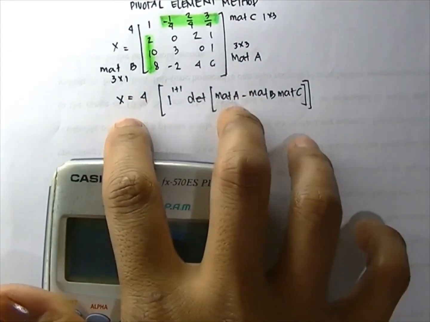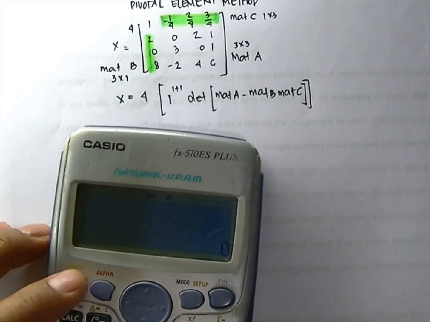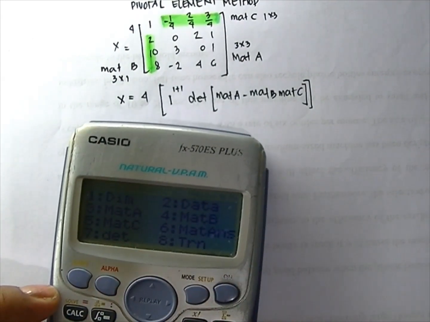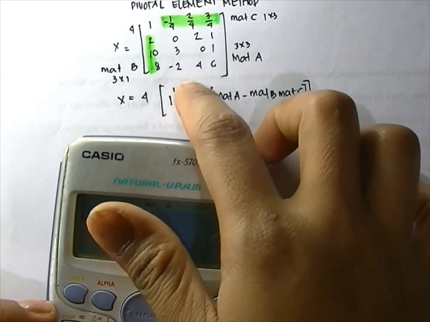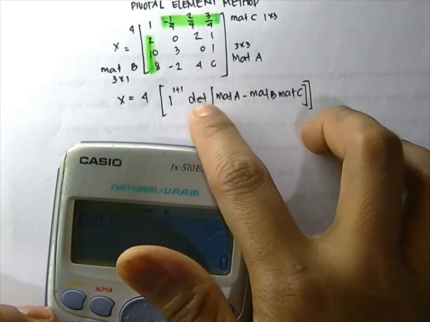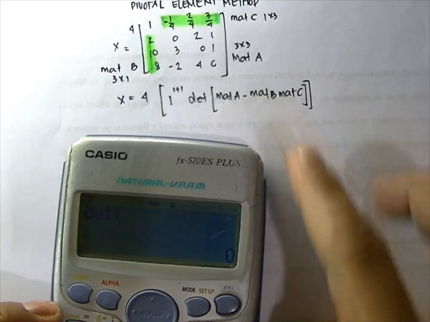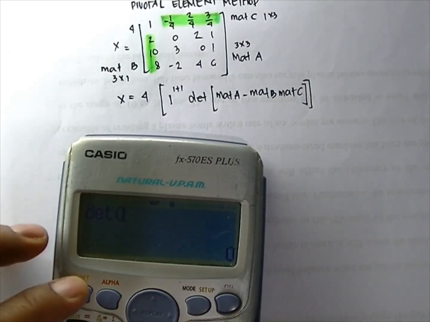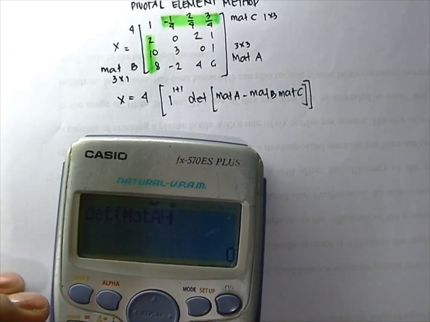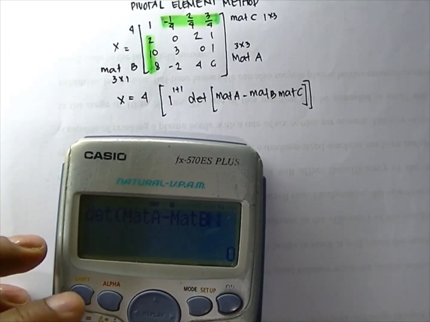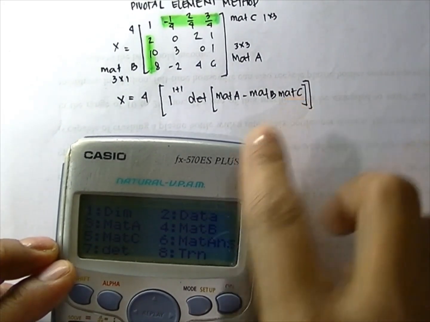Therefore, to solve for the determinant of X, we have shift matrix determinant. Negative 1 raised to 2 is 1, so just don't input that. Determinant of matrix A, 3 less matrix B, 4, times matrix C, 5.